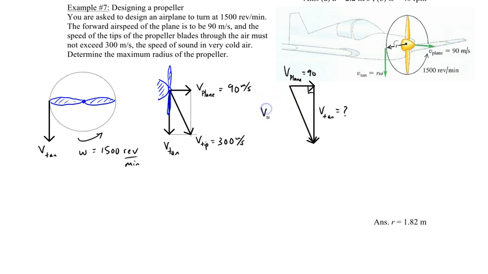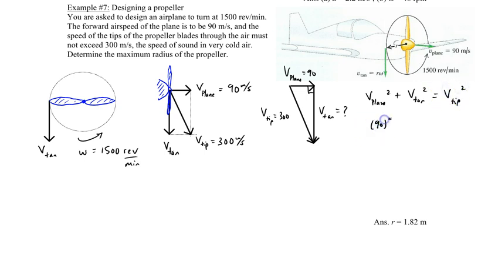That is V of the tip, which is 300. So hopefully you can see that we can use the Pythagorean theorem here. V of the plane squared plus V tangential squared equals V of the tip squared.